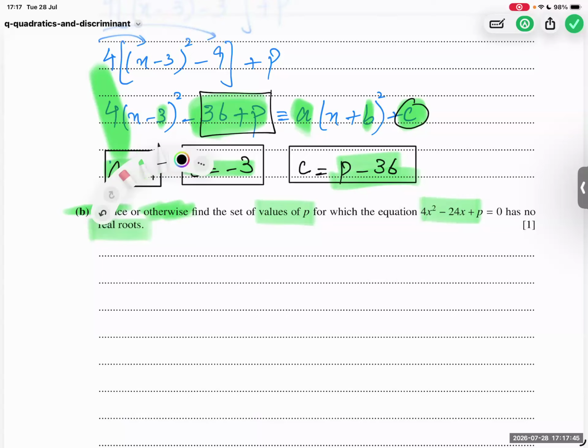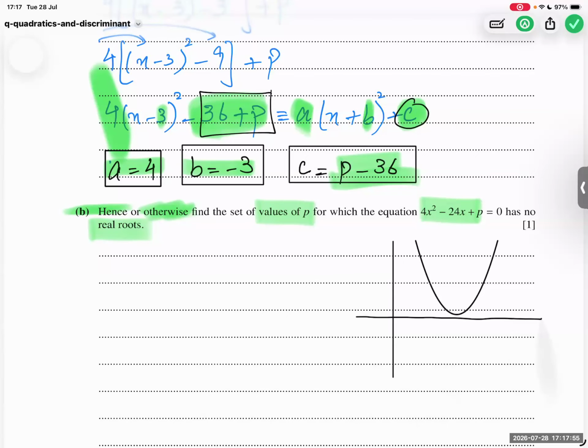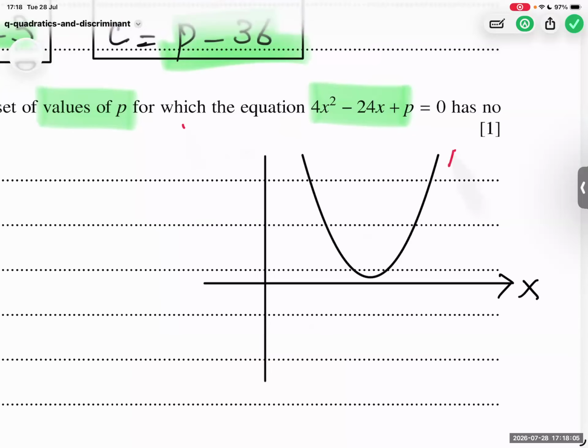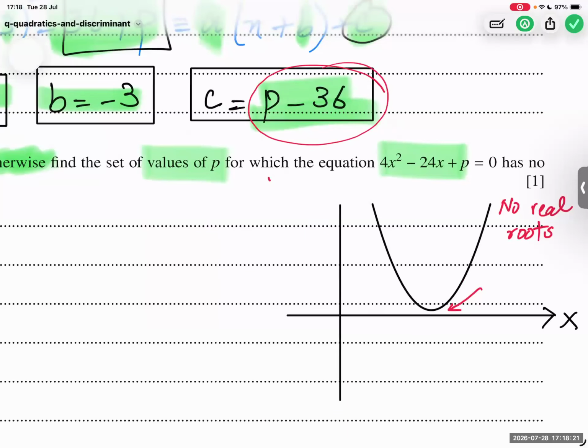If you remember the thing that we just learned in quadratics, if this equation has no real roots, then this must lie always above the x-axis. If this is your x-axis, and if this curve has no real roots, then this must be lying above the x-axis. And for that, this c value must always be greater than 0.